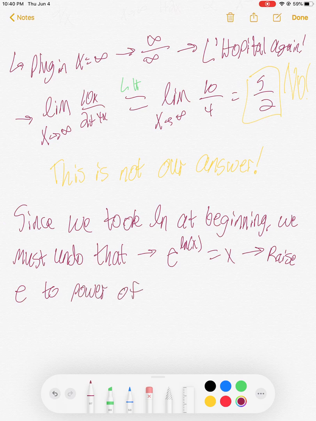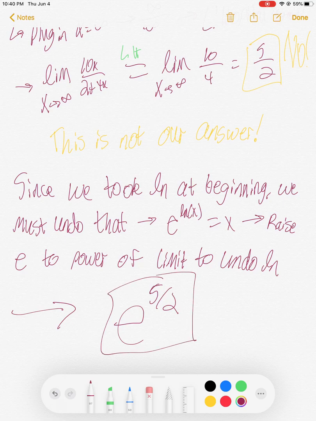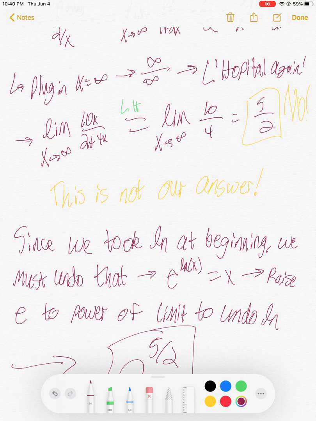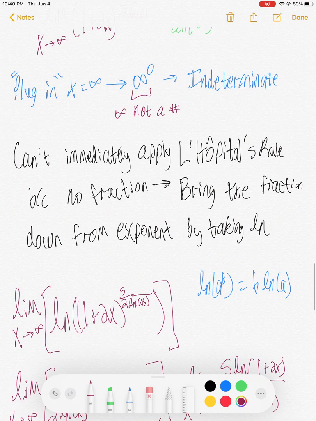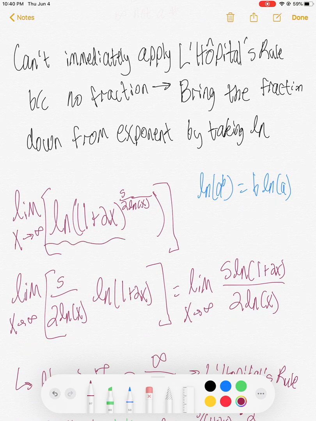So we're going to raise our answer, raise our limit, in this case 5/2, raise e to the power of our limit, to undo the natural log, which means that our final answer is e to the 5/2. And that is correct.